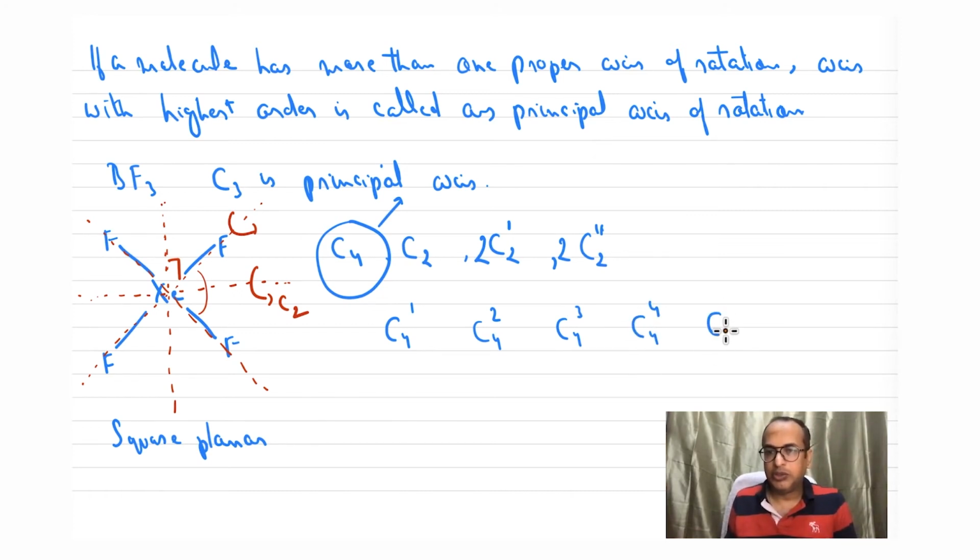If you do C4 five times, this will be equivalent to C4 done once. If you go to C4 six times, this will be equivalent to C4 done twice. So it keeps on getting repeated. Okay. So now let's actually work out all these operations and see for yourself.